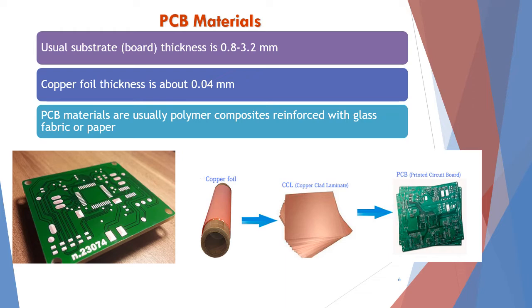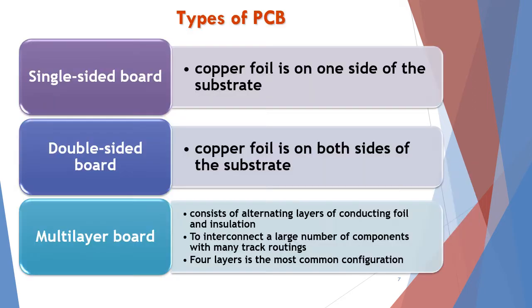The common PCB material is usually polymer composite reinforced with glass, fabric, or paper, and in between there is a copper foil. Copper foil thickness is usually around 0.04 mm, while the usual substrate board thickness is around 0.8 to 3.2 mm.